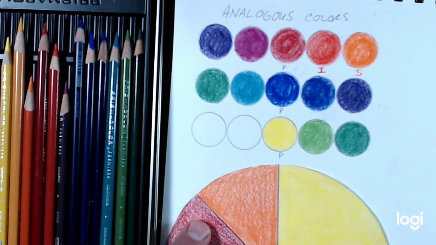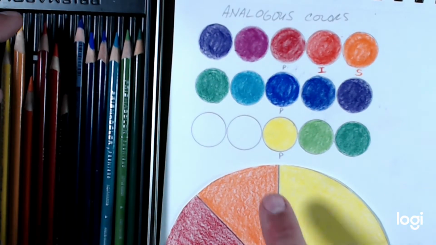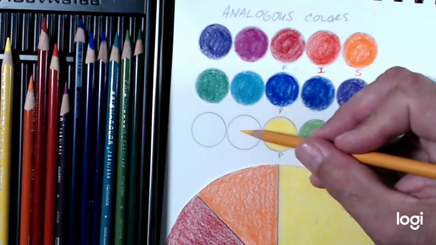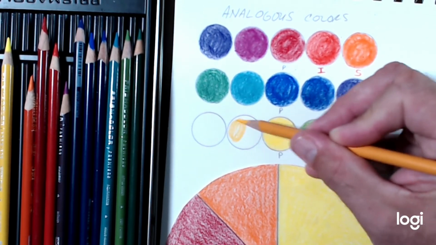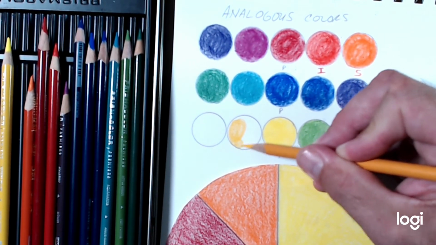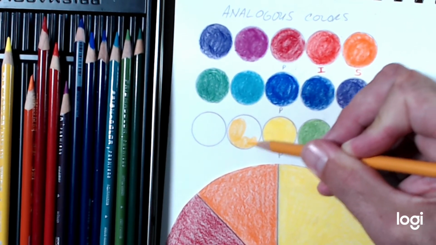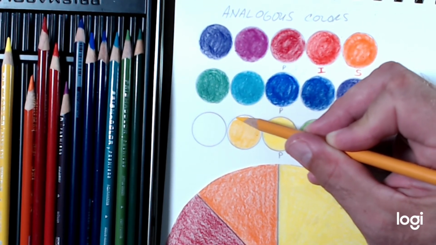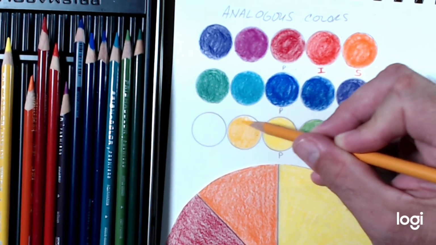Now if I go to the left of our yellow, we would have a yellow-orange, otherwise known as Spanish orange or a yellowed orange in Prisma. And again, you can get all these colors with the set of 12 that I provided you on Art Supply Pickup Day.